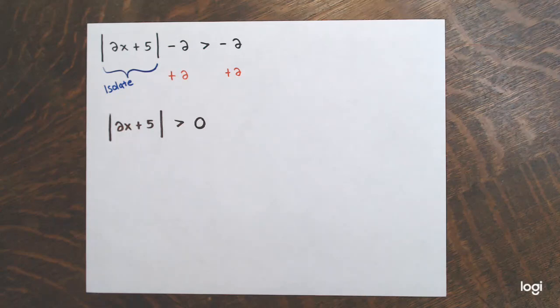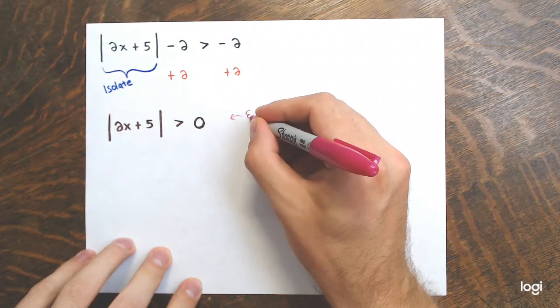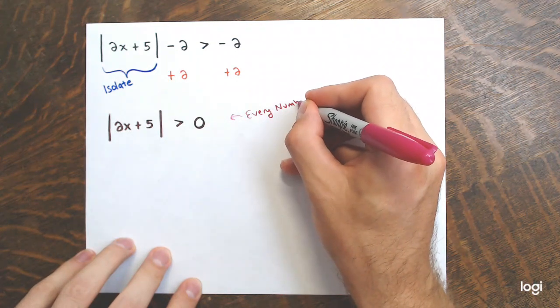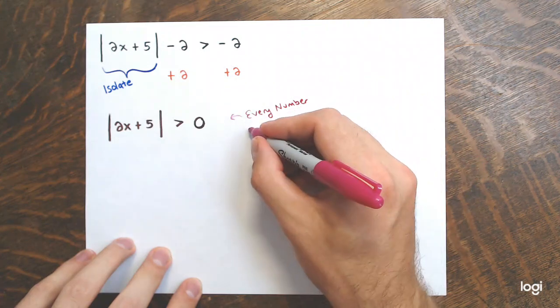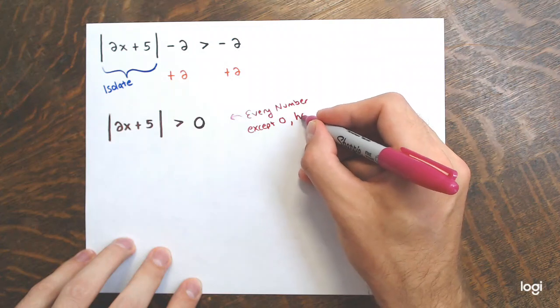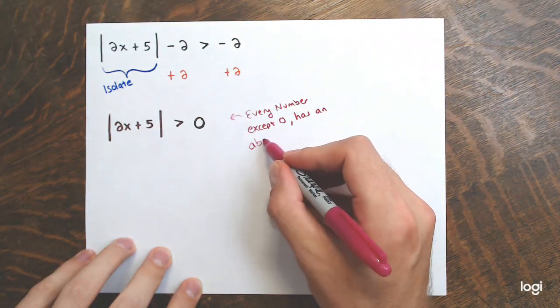Basically every number except 0. All right, I'll write that off to the side here. Right? Every number except 0 has an absolute value greater than 0.